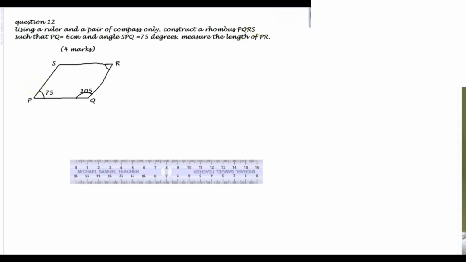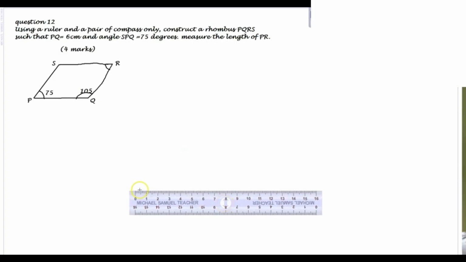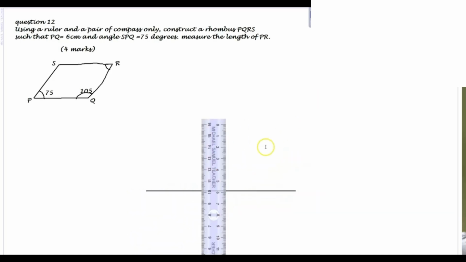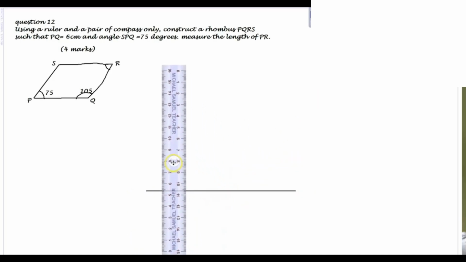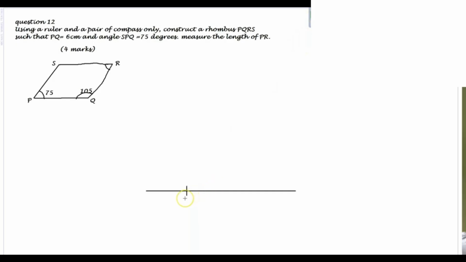So let us draw PQ. So draw PQ. So let me locate P, so that is where our P will be. Point P. And from P to Q I measure 6 centimeter.